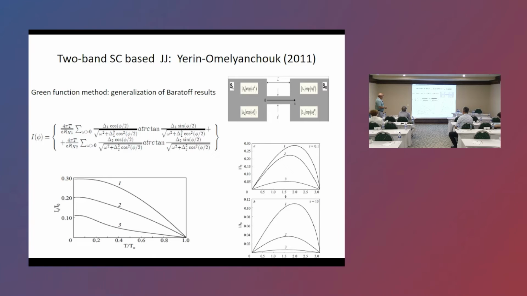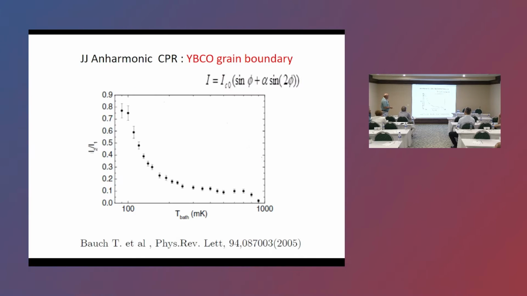And in the general case, we have sine phi and cosine phi terms in the supercurrent. And here also a calculation in the case of a two-band superconductor by Ilichev, and also shown is the change of the current-phase relation in the case of two-band superconductors. And here are experimental results by Bauch, related with the ratio of the amplitude of the second, sine 2 phi term, to the amplitude of the first, sine phi.